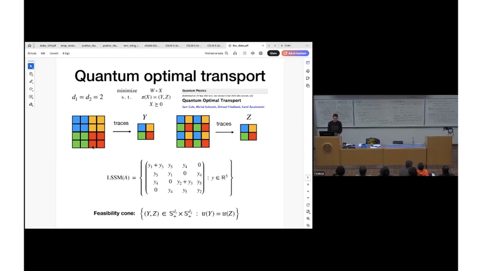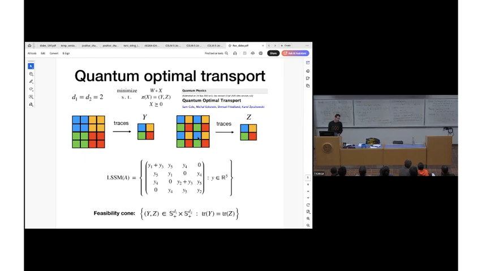If you're doing this quantum optimal transport problem with parameters d1 equals d2 equals 2, it means you are optimizing over positive semi-definite 4x4 matrices whose partial traces are prescribed to be y and z.